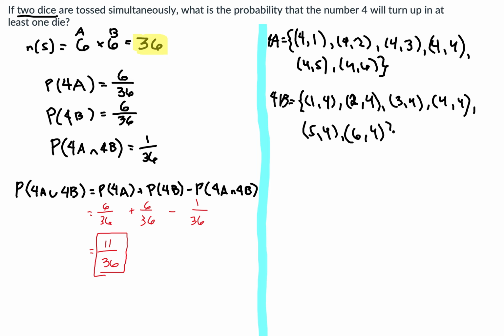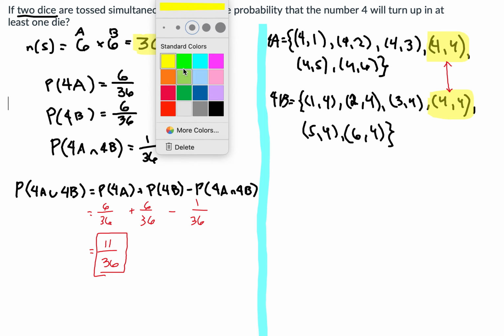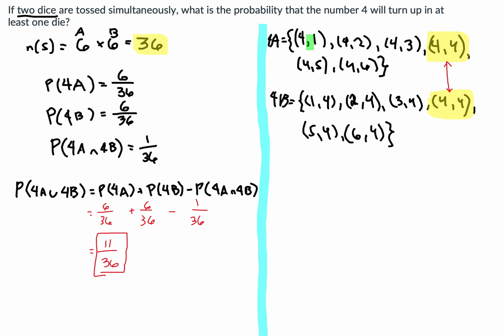Notice this one here, the 4,4 happens twice. So we're going to count it as one because it would be redundant. The set will not be well ordered if we count it twice. So if we count all of them: 1, 2, 3, 4, 5, 6, 7, 8, 9, 10, and of course 11.